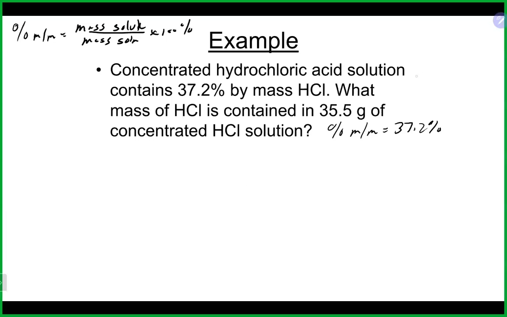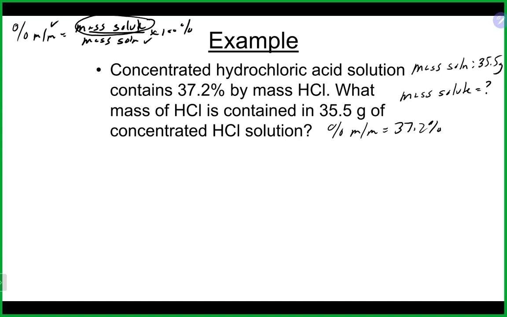We are also looking for the mass of the solute, and we have the mass of the solution given to us, which is 35.5 grams. You could just rearrange this formula and solve for it.